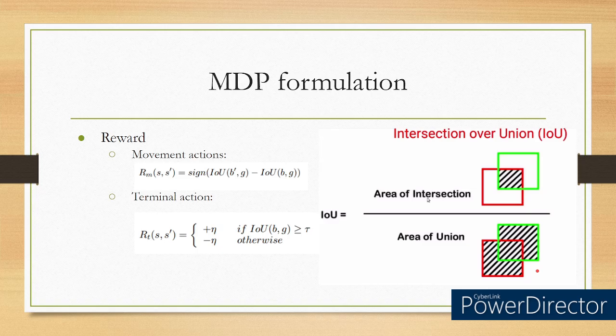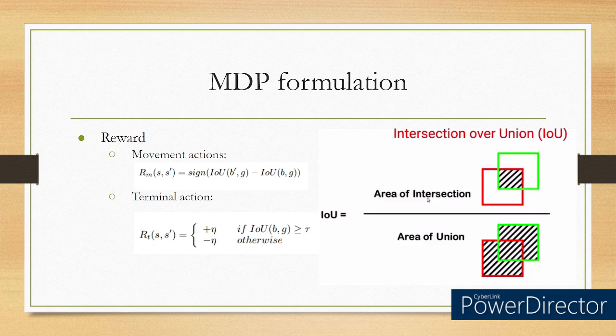Moving on to the reward part, they use intersection over union, a common evaluation metric in object detection and image segmentation, to measure the overlap between the bounding region and the ground truth region. The numerator is the overlapping area, and the denominator is the union of areas. The higher the IOU value, the better the model's prediction is.